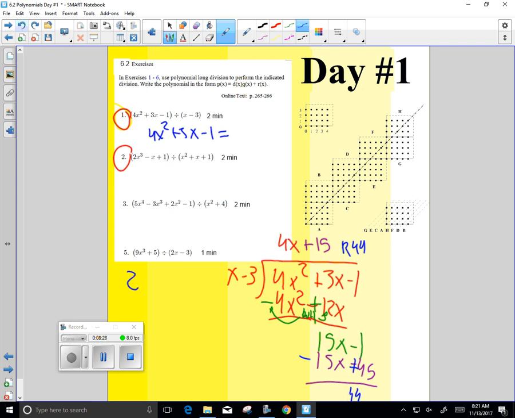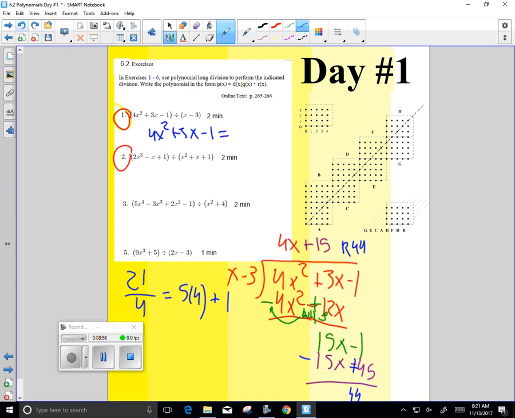If I took 21 and divided by 4, how many times is 4 going into 21 without going over? What's that? 5. So do you agree that this is 5 times 4 plus what? What's the remainder? 1.